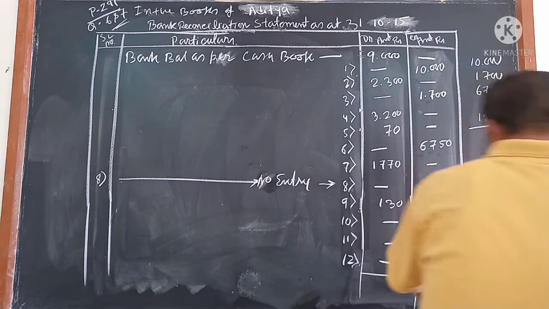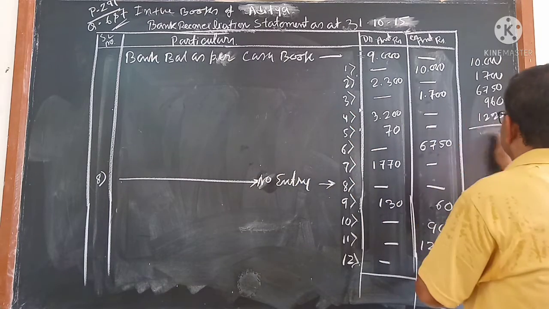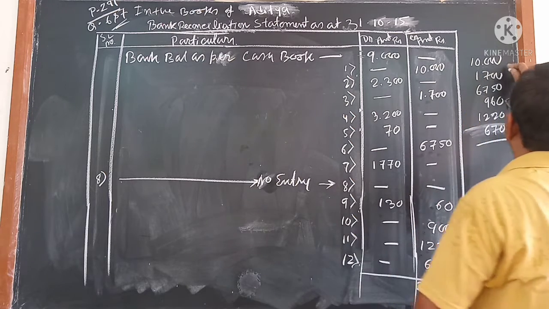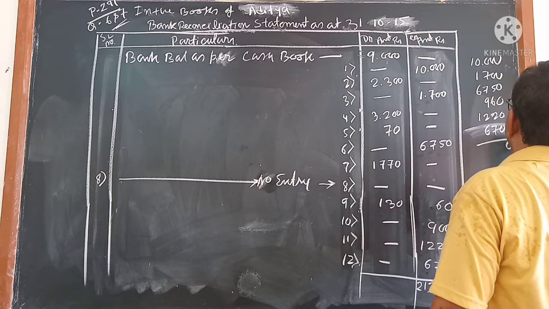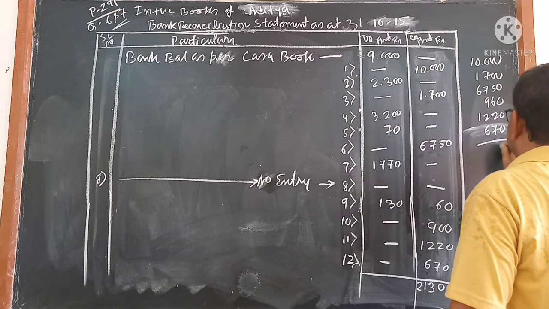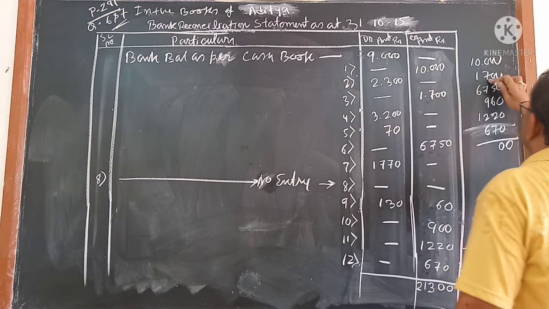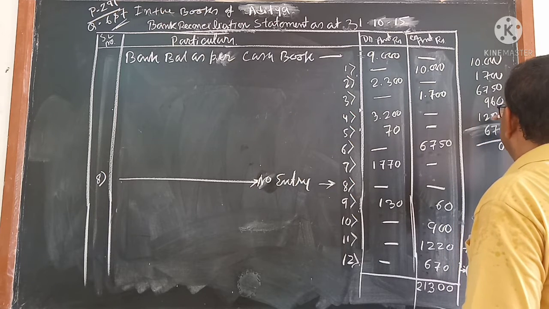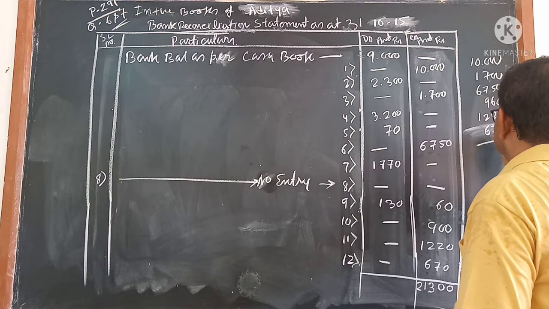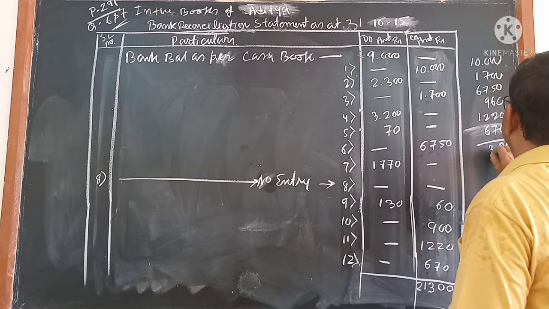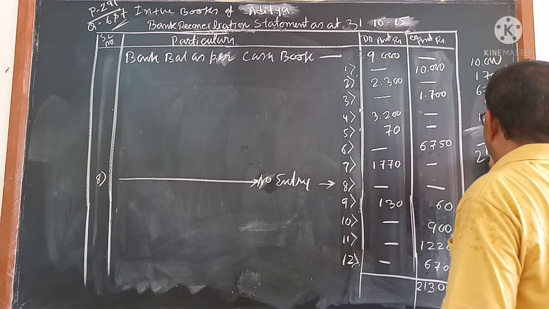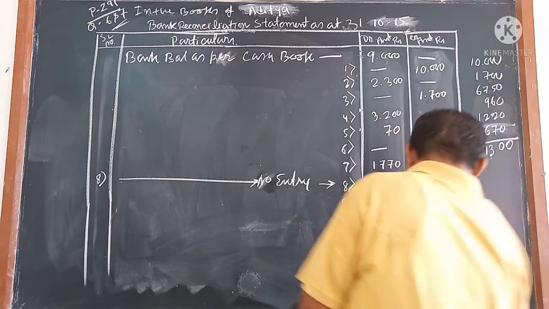No, 6 7 was 6, no. This is 670. Now how much is coming? 5, 11, 12, 13, then 2 or 7, 9, 9, 16, 26, 25, 26, 27, 28, 29, 30, 31, 3, 6, 10, 11, 21,300, correct.